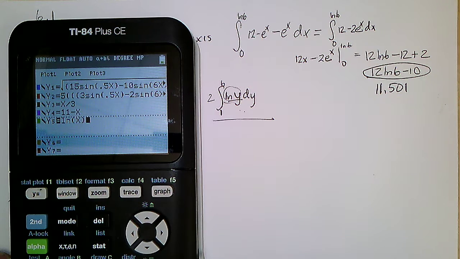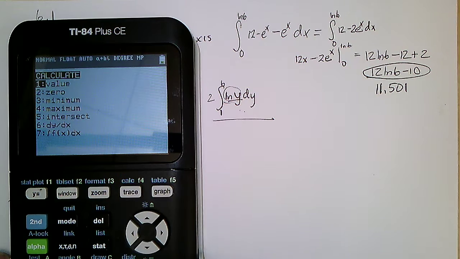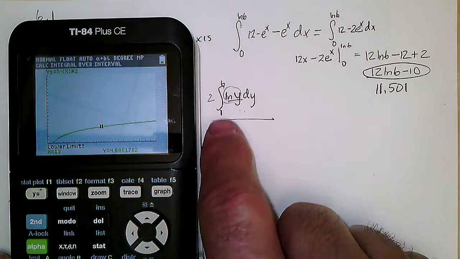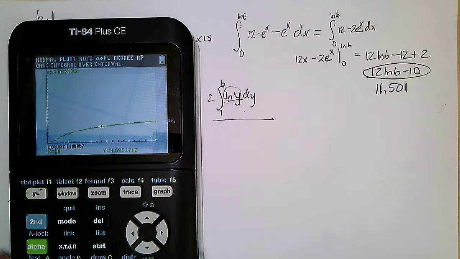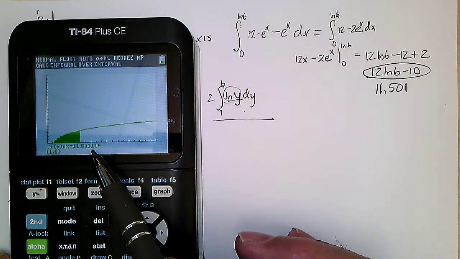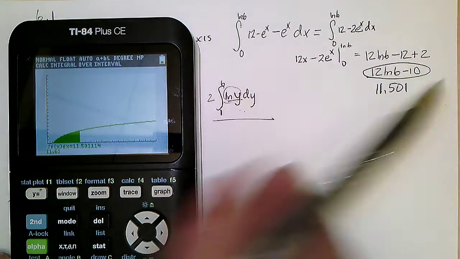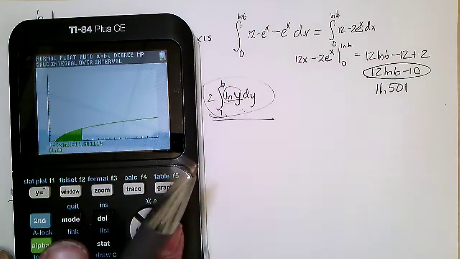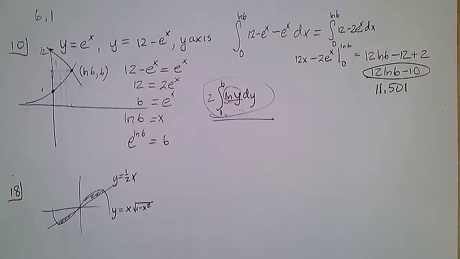So I can just say times 2, and then I can go second calculate 7, and I'm going from 1 to 6. Lower bound 1, enter, 6 is the upper, and I get 11.511 again. So I can do this one with the calculator. We haven't figured out how to do it with calculus yet.